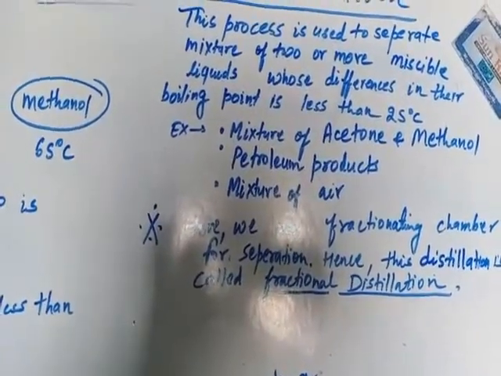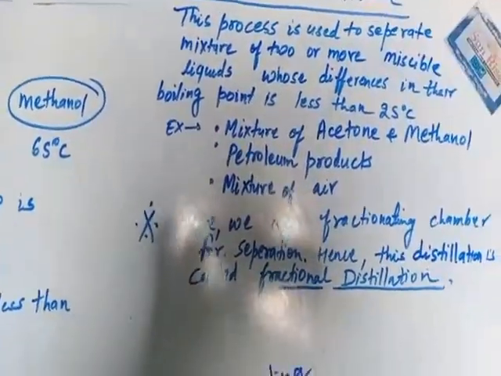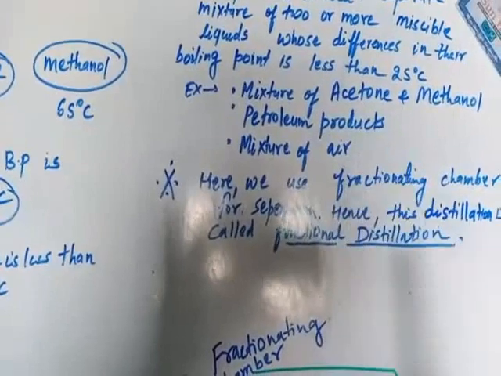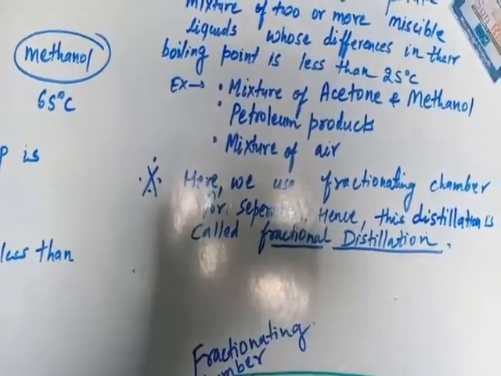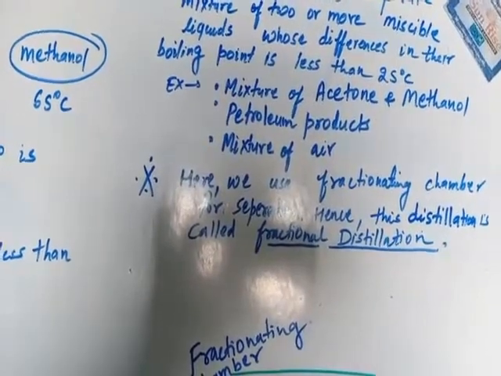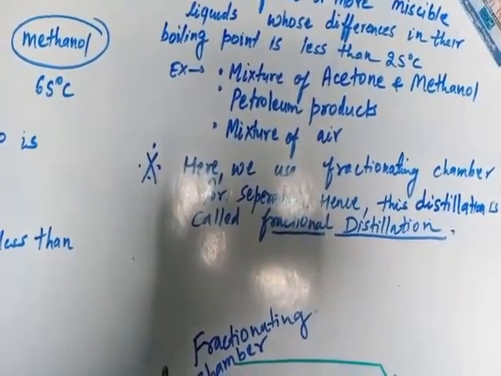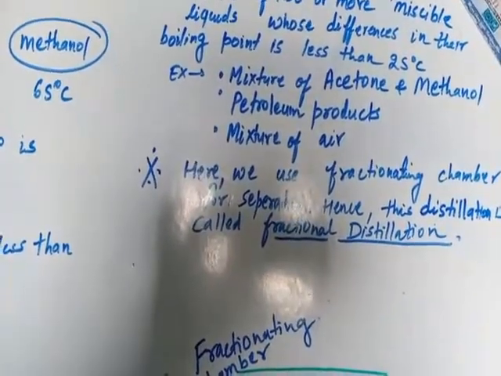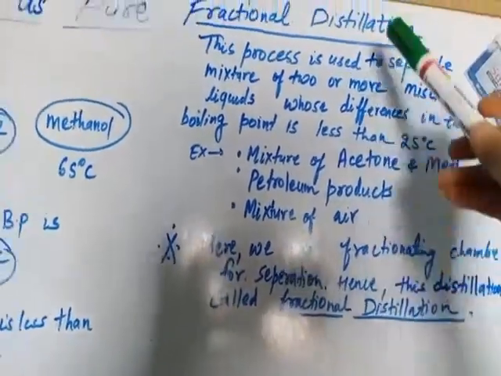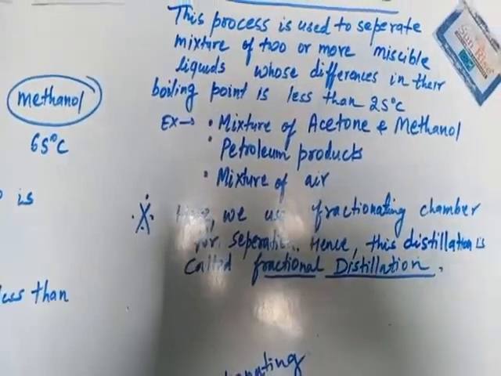Those can be separated only by the fractional distillation process. And third is the mixture of air. You know that air is a mixture of various gases like nitrogen, oxygen, carbon dioxide, argon, etc. Those gases in the mixture of air can be separated by the fractional distillation process.